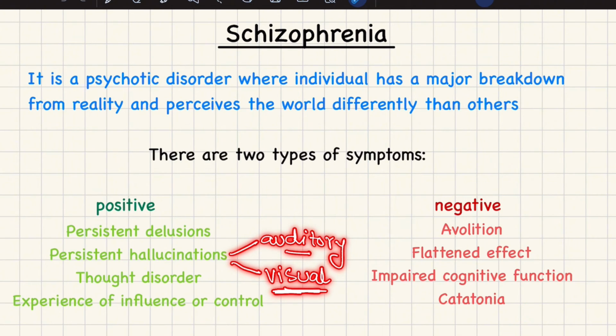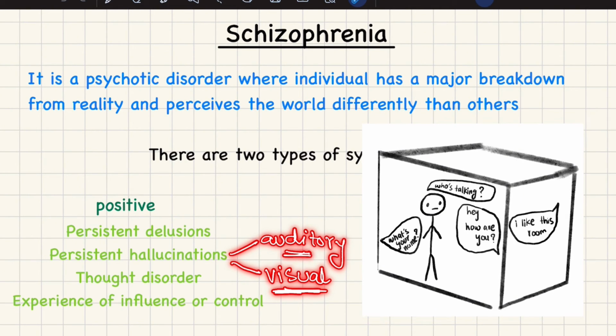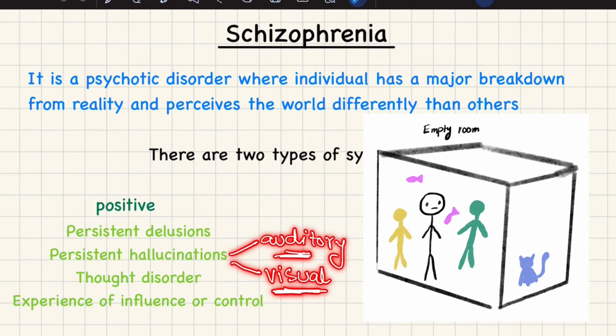So, for example, a schizophrenic person is alone in an empty room. If they hear people talking in the room, that is auditory hallucination. And if in that empty room they can see people, which is not in reality, there's no one in the room, but they can see people, that is visual hallucination.